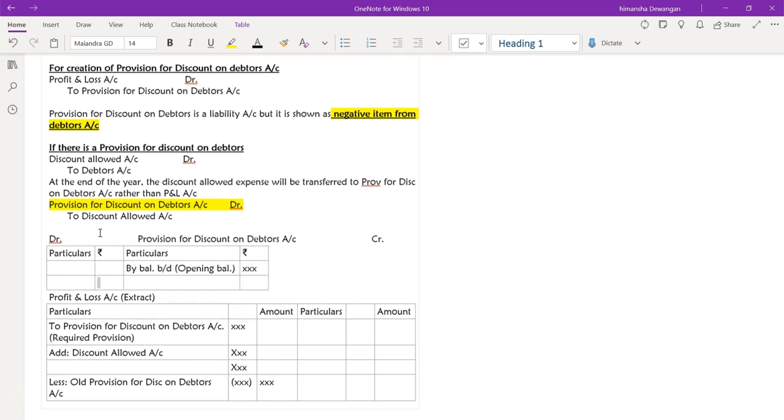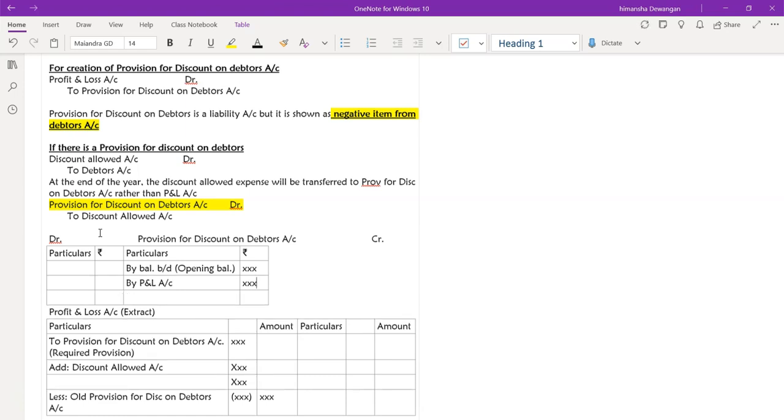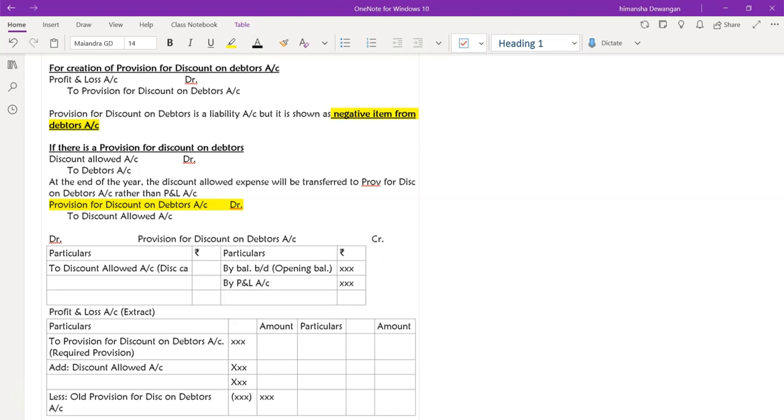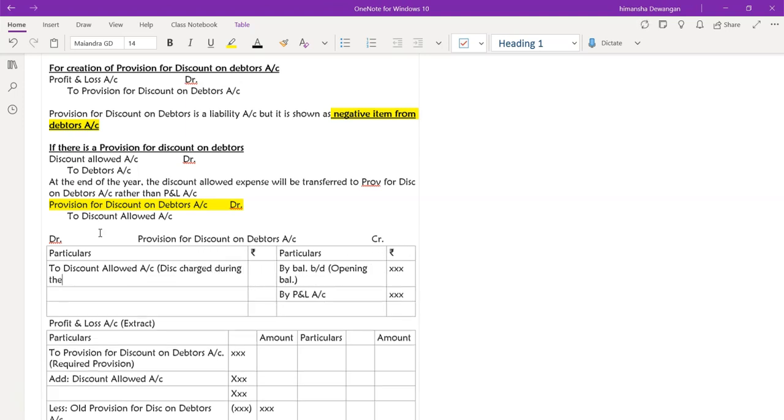When we create a further provision, which will usually be our balancing figure, I'm still going to write here by P&L account. And when we have our discount allowed, we are going to use this provision for the discount. So here it will be to discount allowed account, discount charged during the year.